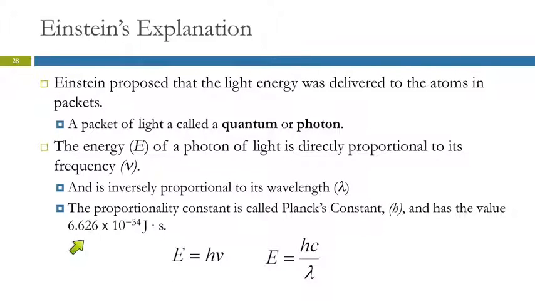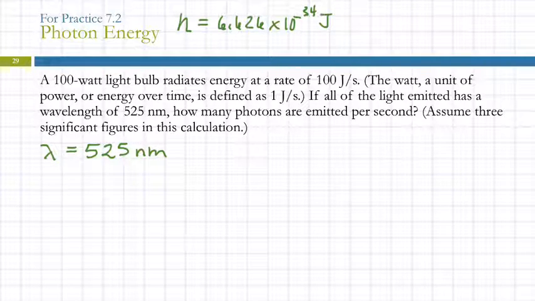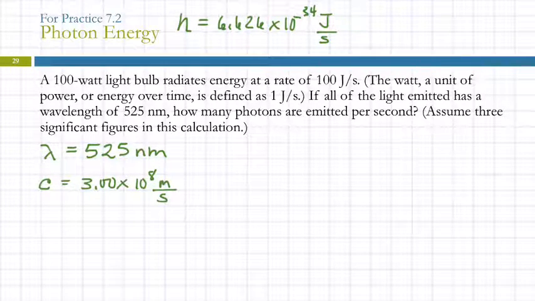So we need this number, 6.626 times 10 to the minus 34. And that's joules per second. We know that c equals 3.00 times 10 to the 8th meters per second.